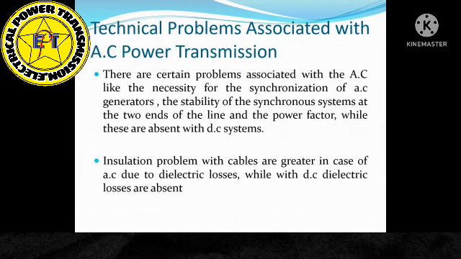So it is not always economically possible to transmit power through a high voltage AC transmission line. Dear students, the most important thing is that it is mandatory for an AC transmission line to operate in synchronization mode. All the frequencies of the power stations should be maintained constant, and insulation is to be kept in mind.